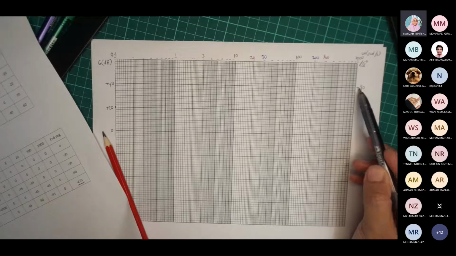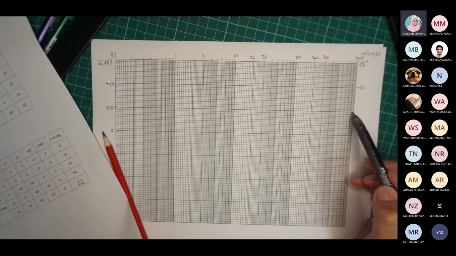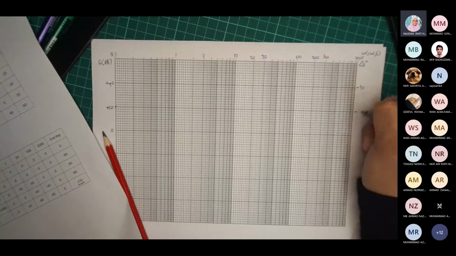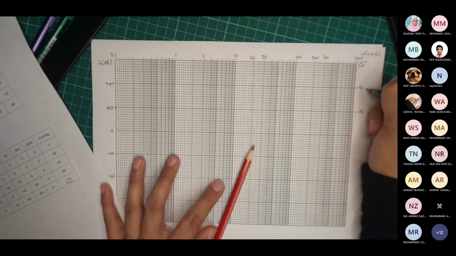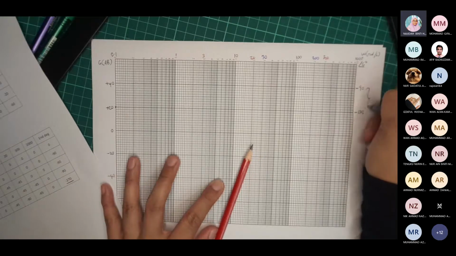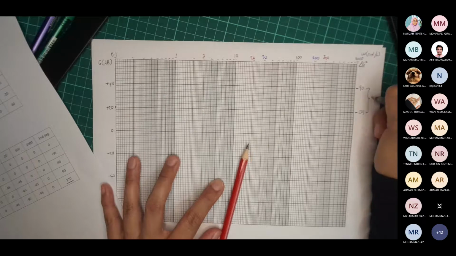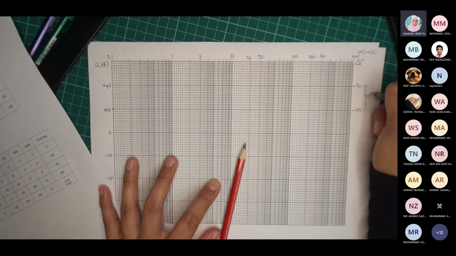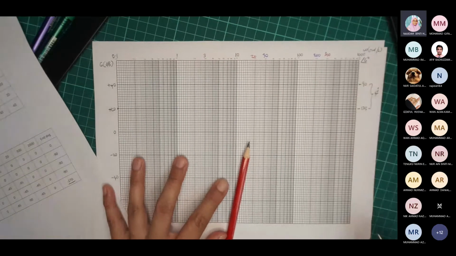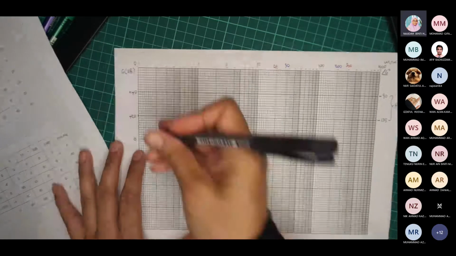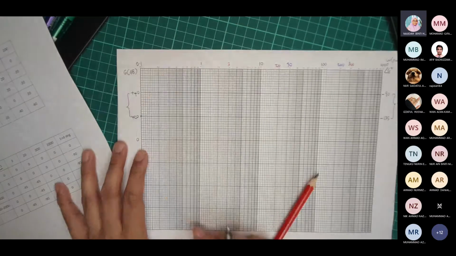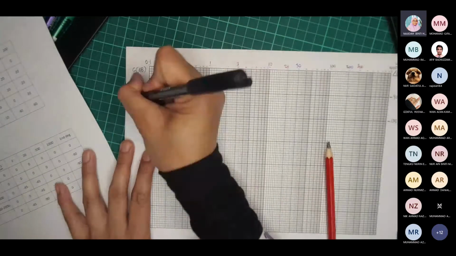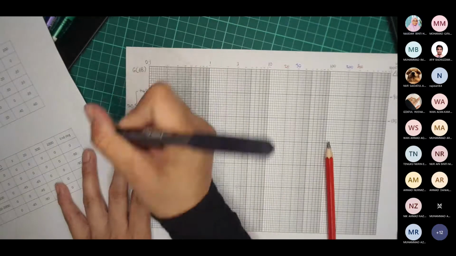Okay, and the next bold horizontal line will be negative 135 degree. So between two bold horizontal lines for phase, the y-axis scaling is 45 degree. Between two bold horizontal lines for magnitude, the y-axis scaling is 20 dB.